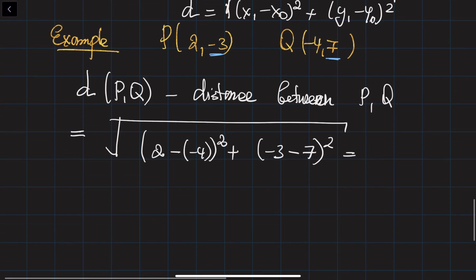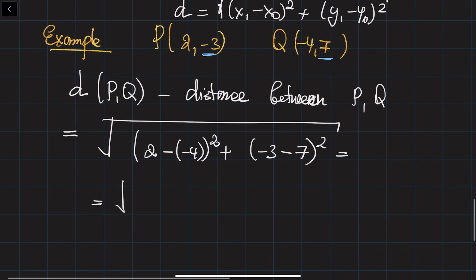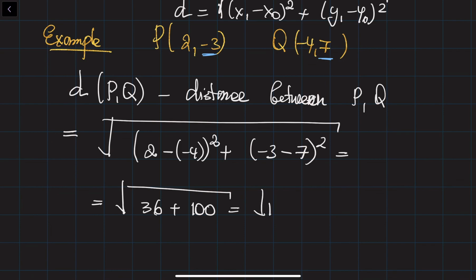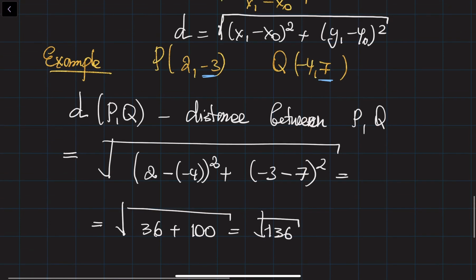Then I have to sum them and take the square root. 2 minus 4 is going to be minus 6, and the square is 36, plus minus 3 minus 7 is going to be minus 10, which is 100 squared. Then we have to take the square root. It is going to be the square root of 136. So the distance between these 2 points is going to be equal to the square root of 136. This is how we're going to find the distance between the 2 points.